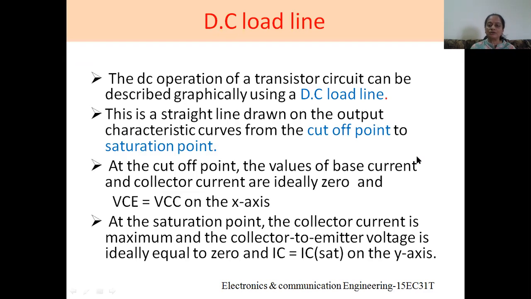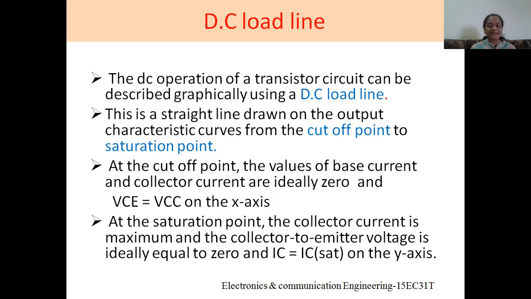DC operation of a transistor circuit means, as I already explained in the previous videos, when we want to work a transistor as an amplifier, it should be properly biased. Biasing is nothing but applying proper DC voltages to the amplifier so that, without applying a signal, some collector current flows.